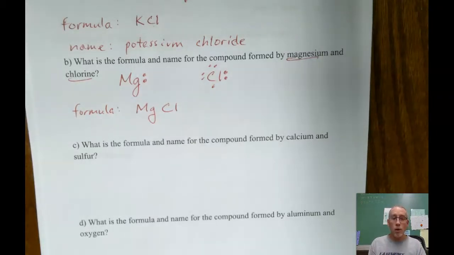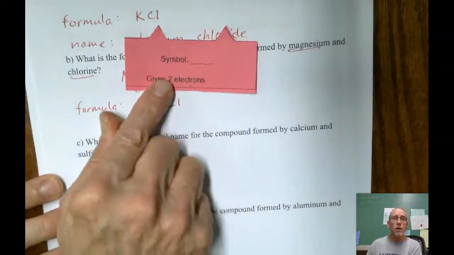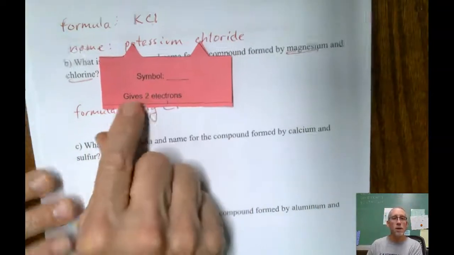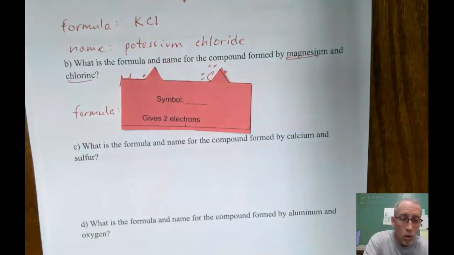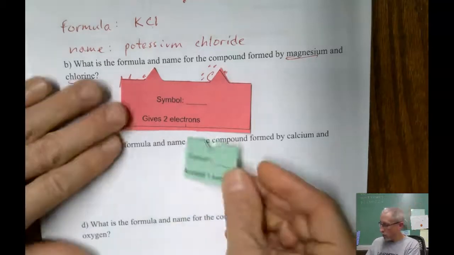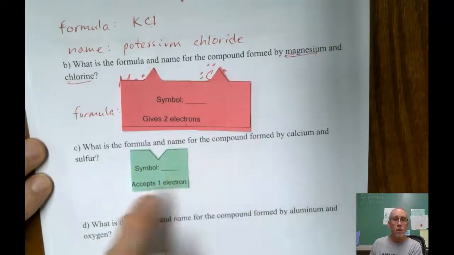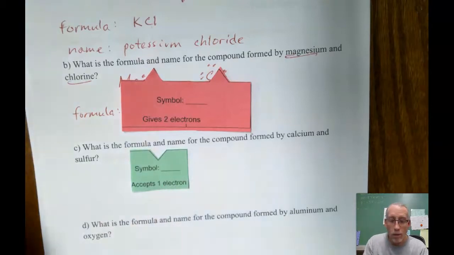So we bring in another chlorine. So let me show you how these little papers are helpful. We could represent the magnesium atom as this, trying to give away 2 electrons. But the chlorine does not look like that. This is what a chlorine looks like. It's only willing to accept 1.